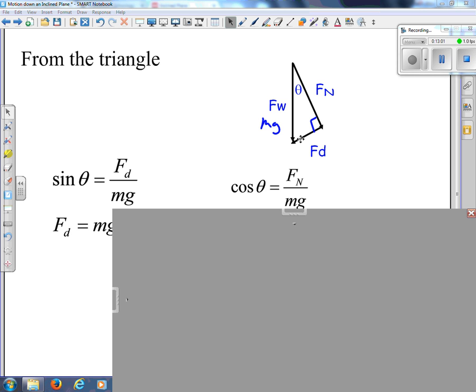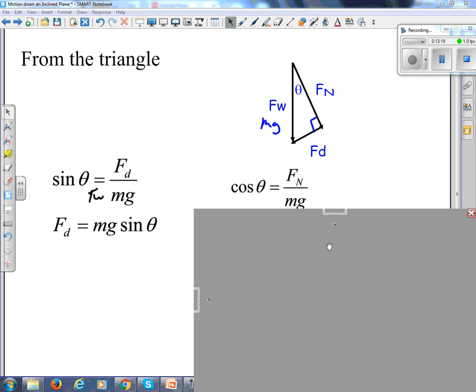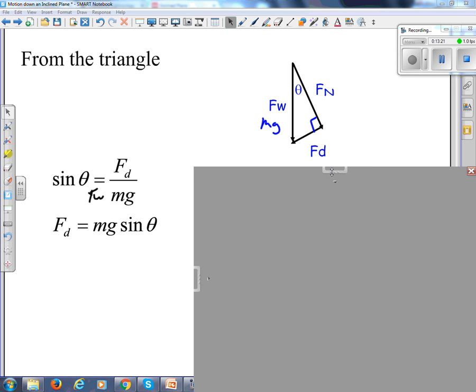Sine is opposite over hypotenuse, which is Fw. Fd is equal to mg sine theta. If you rearrange this, Fd is equal to sine theta times m times g.